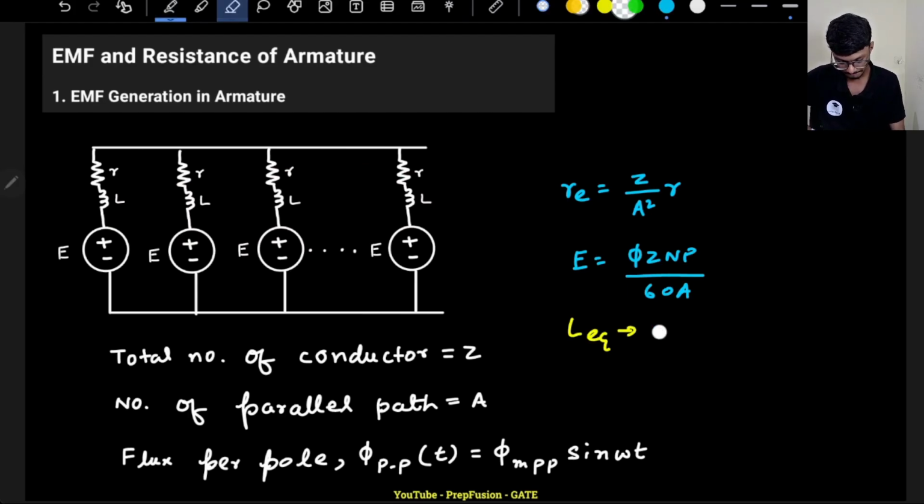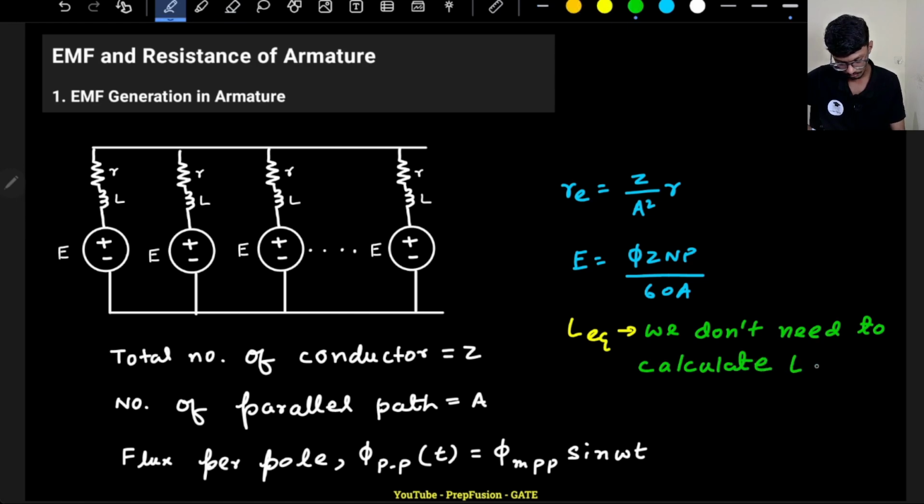Actually, we don't need to calculate L equivalent.